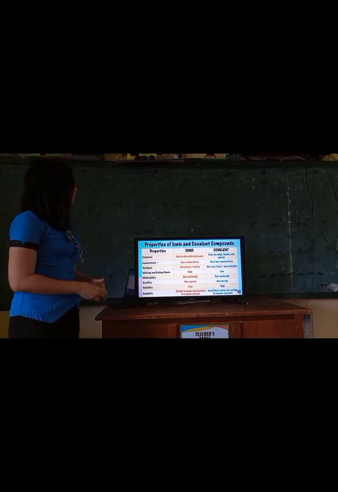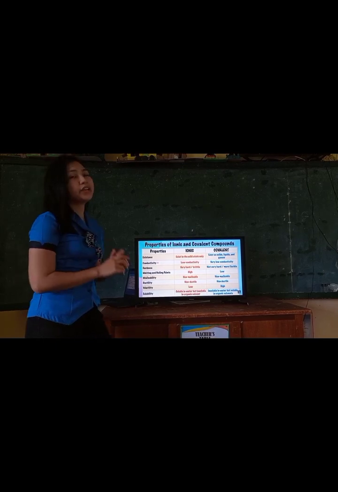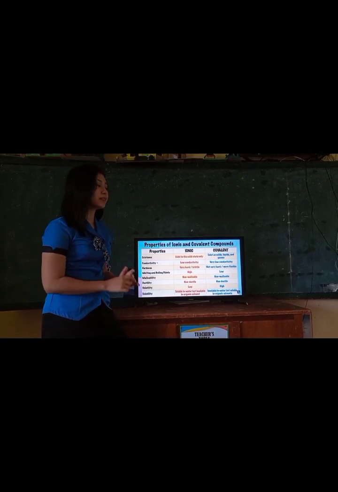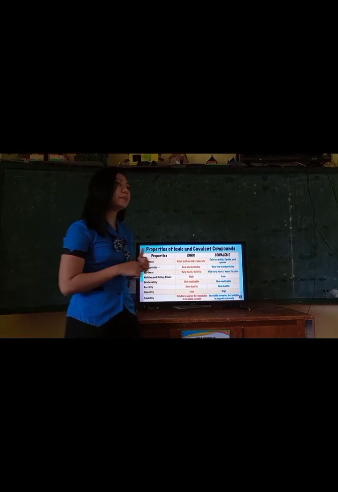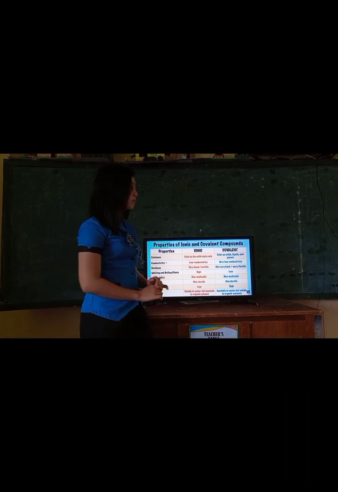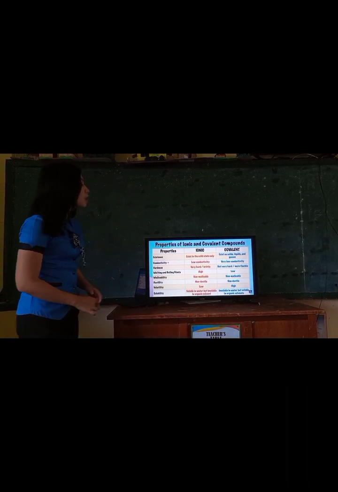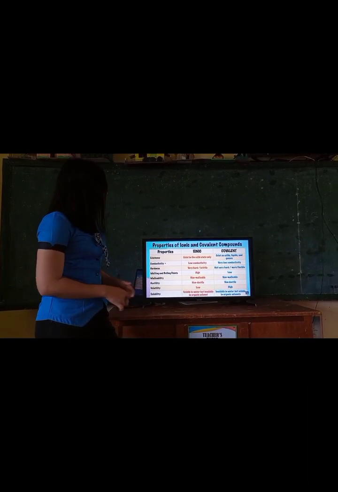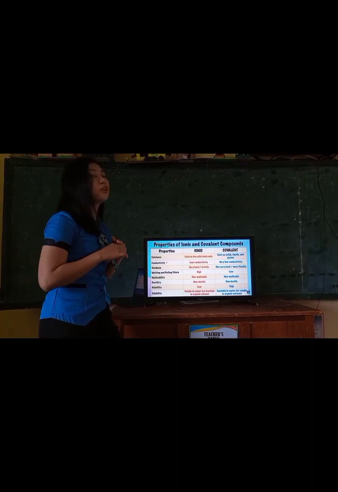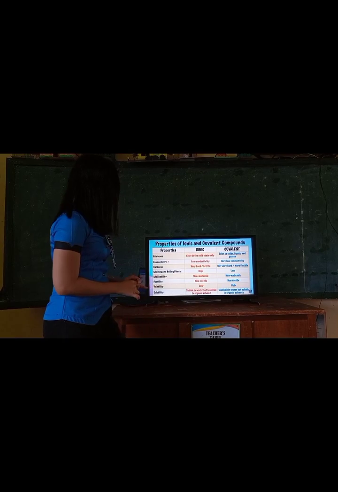Now, in terms of hardness, ionic bonding, class, is very hard or brittle, while covalent bonding is not very hard and more flexible. Ionic bonding has higher melting and boiling points than covalent bonding.